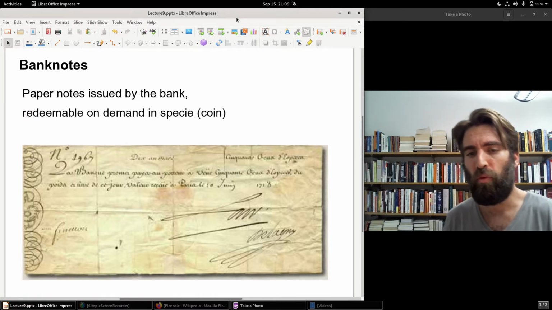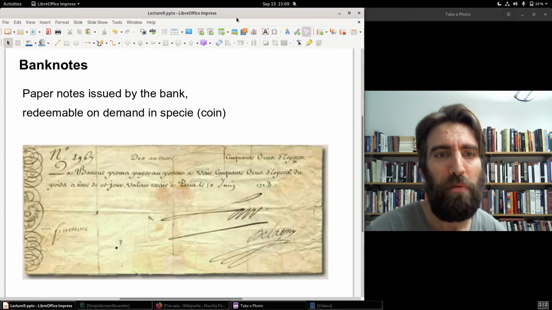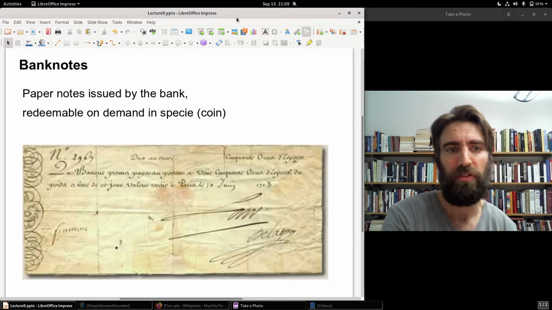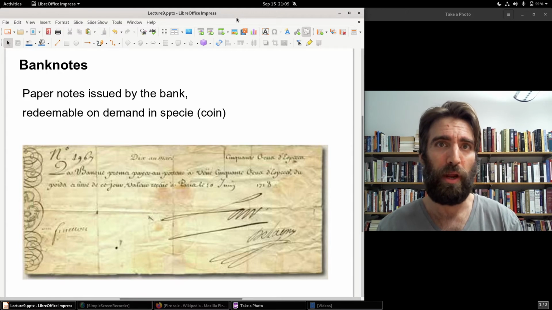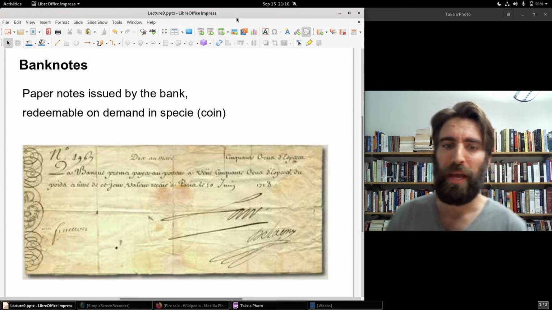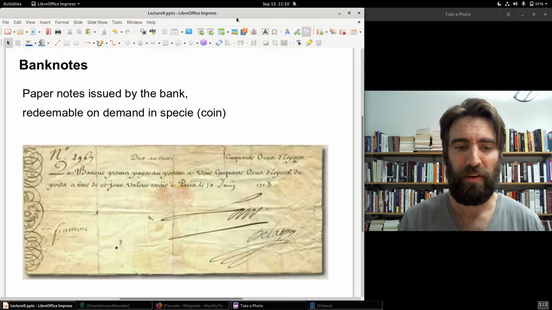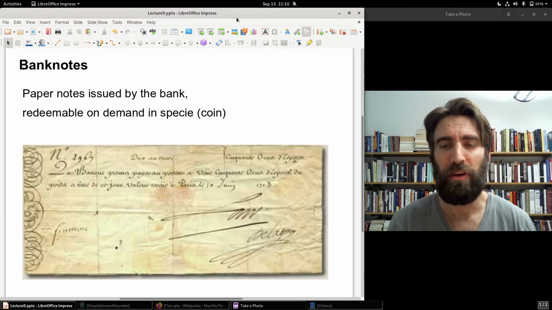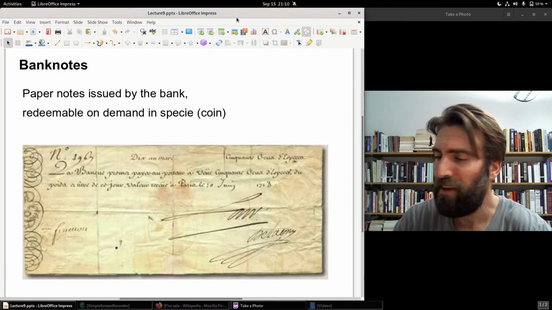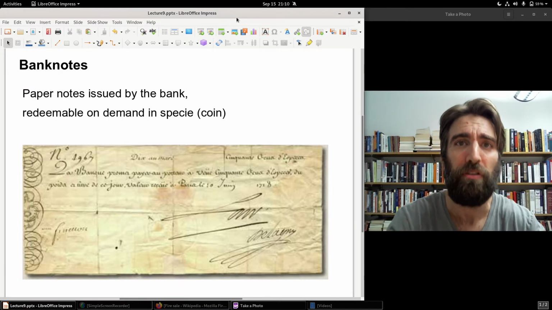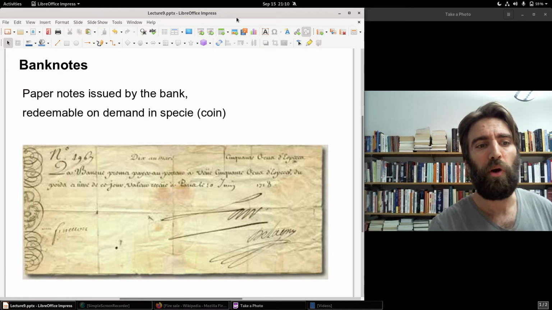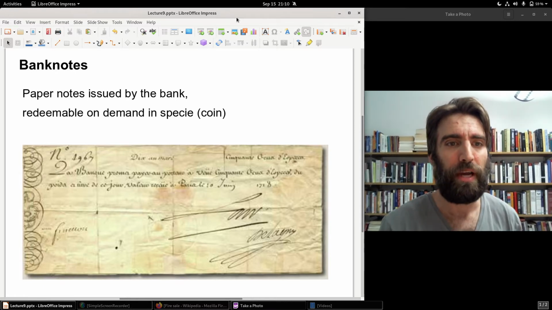Okay, so it's a representative money. This banknote represents a certain sum of coin. And technically, in theory, while the banknote circulates, we would call it currency, because you remember our definition of money: money is a commonly accepted medium of exchange. And so if this banknote is circulating throughout the economy, it is in fact a currency.